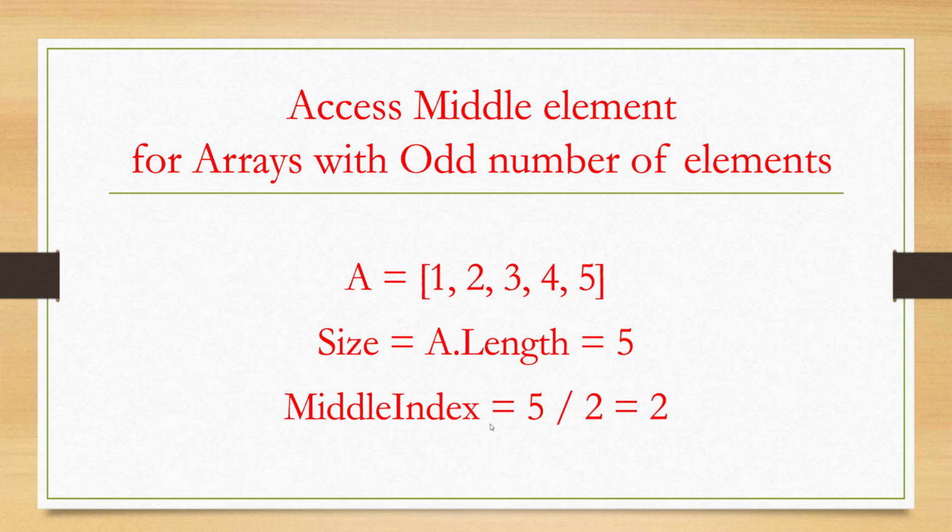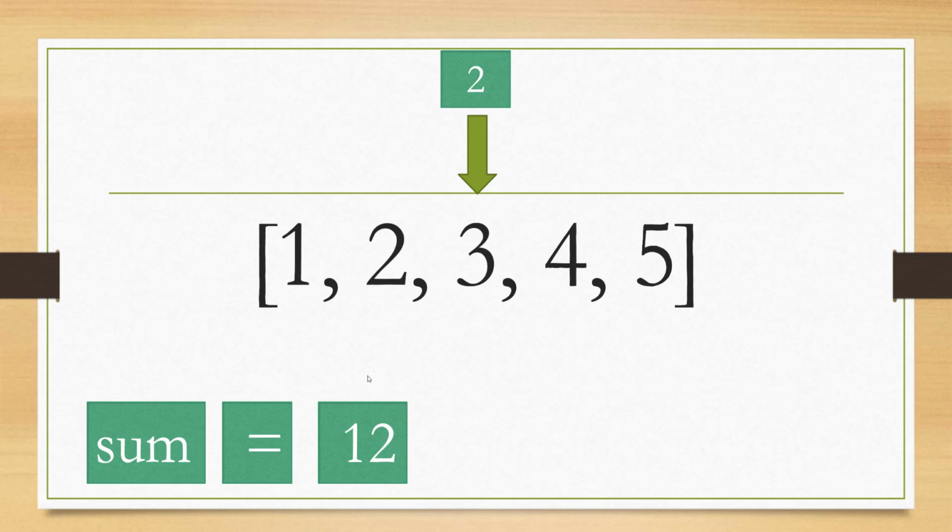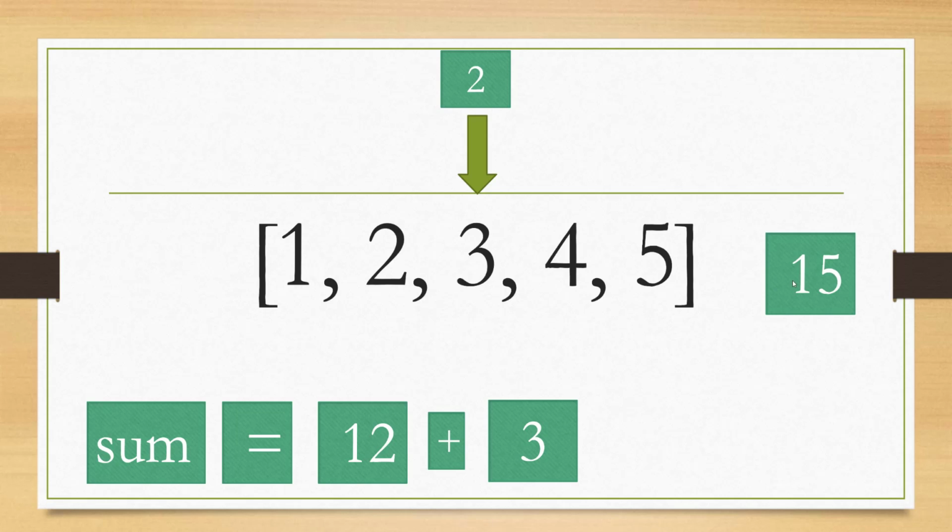And to get the index for the middle element, we just take the number of elements divided by 2, and that gives us 2. So now if you go over here, you can see that 3 is actually at index 2, because we have 0, 1, and then 2. So now we have our sum. It had 12 in there, plus the value at index 2 is going to equal 15, and we are done.